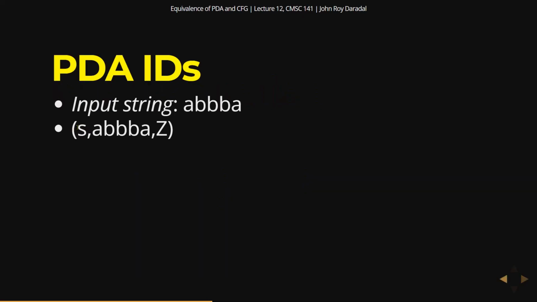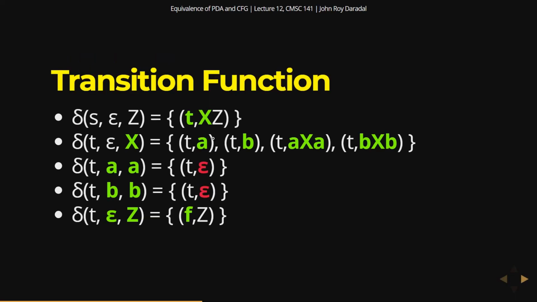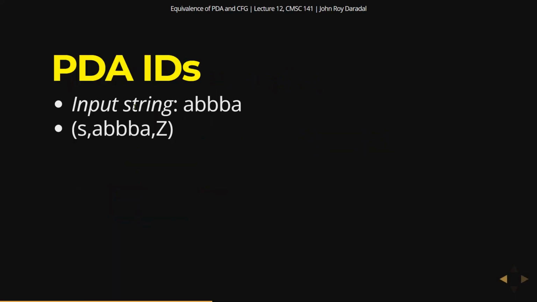Now, how about for our equivalent PDA? We have our equivalent PDA here. So where do we start? We start at state S. A, B, B, B, A is the string to process, and Z is the only thing on top of the stack, since it's the bottom marker.